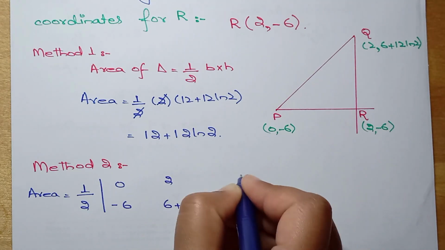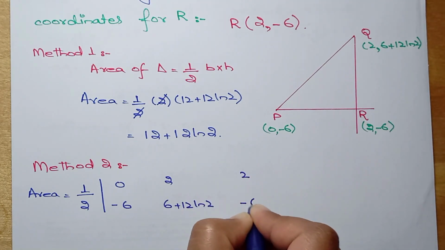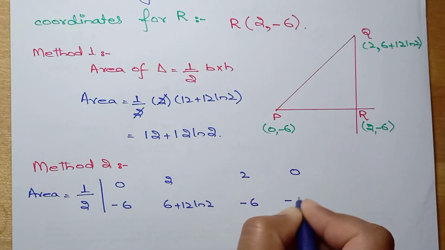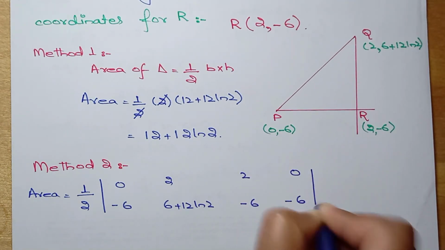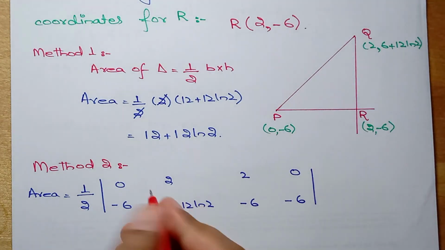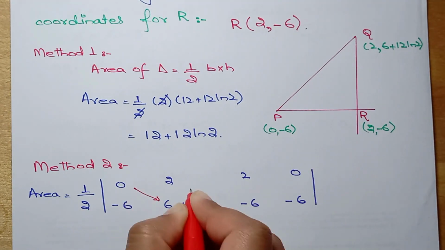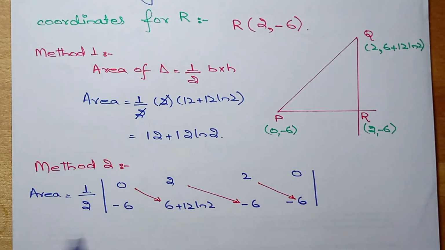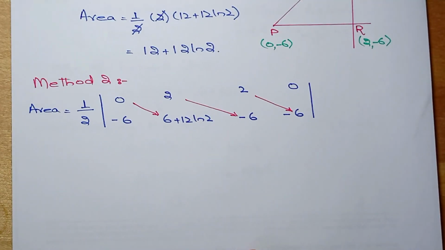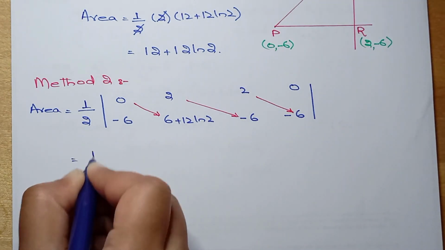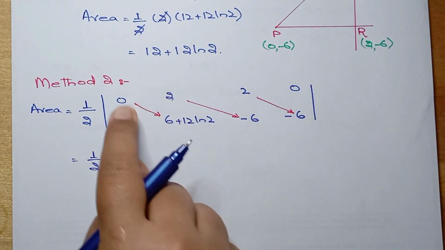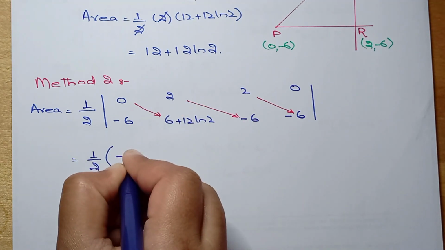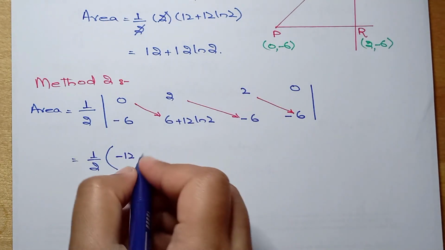Coordinates for R, that is 2 and -6. And then again ending with the coordinates of P, 0 and -6. Okay, so we need to multiply these diagonally. So this would be 1 by 2. 0 times this is 0. 2 times -6 is -12. And 2 times -6 is -12.